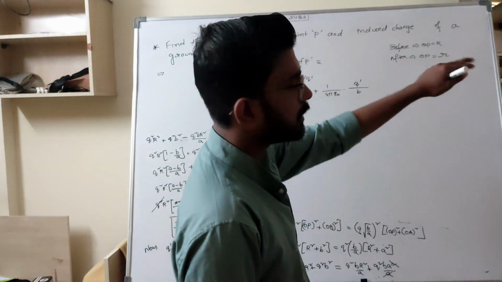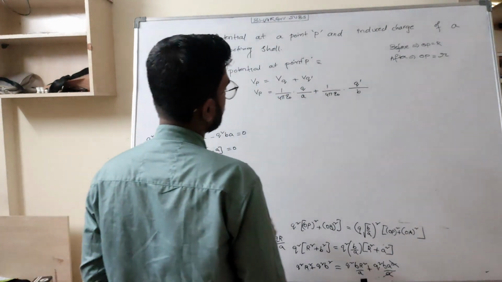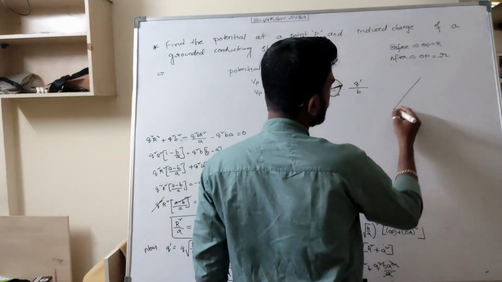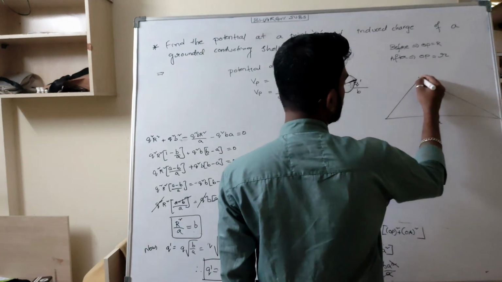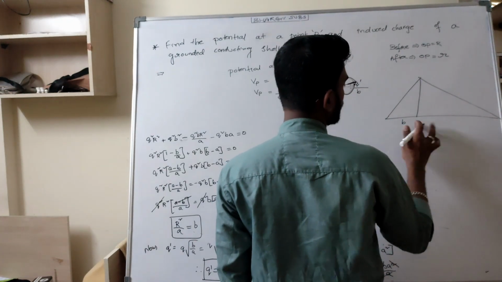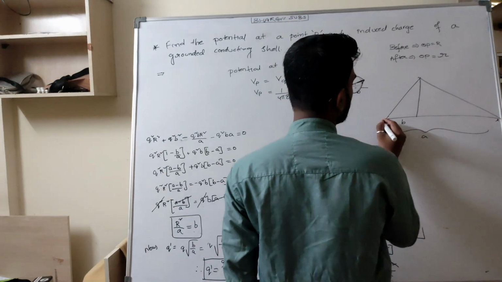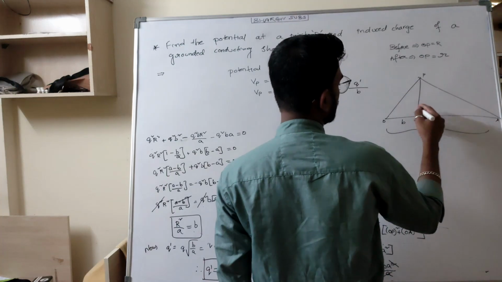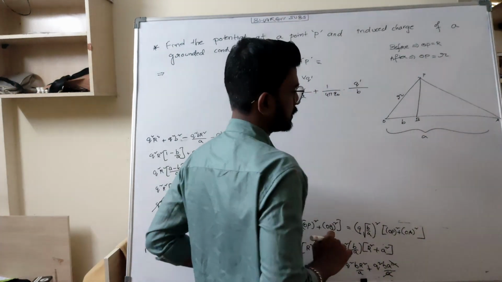So I am considering the OP distance to be smaller. Then what will I get? See, in the triangle, this was small a, this was small b. This was point A, this was O, this was B, and this was P, and this distance was small r. OP now I took as small r.